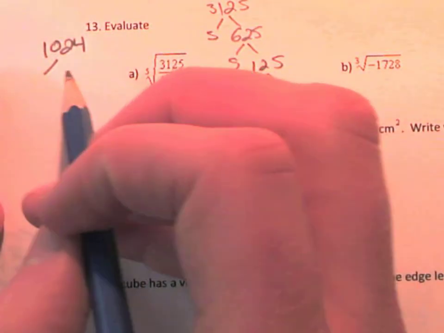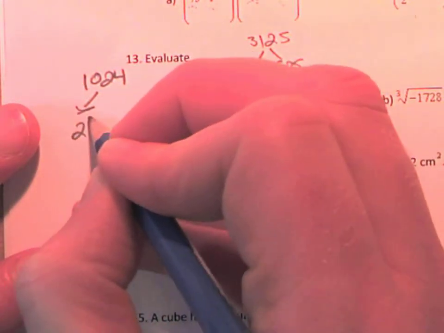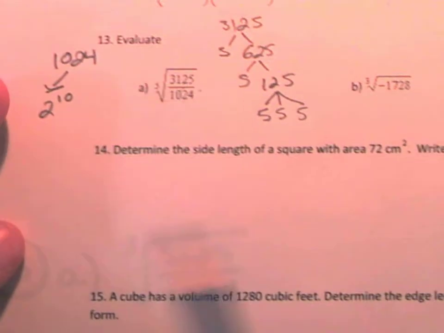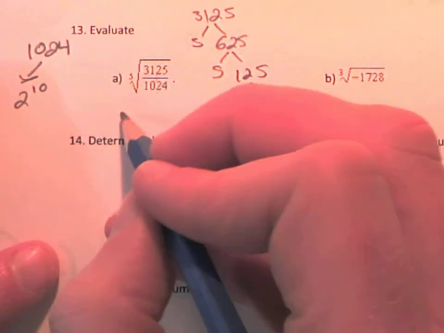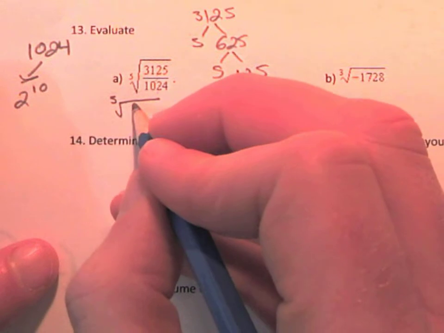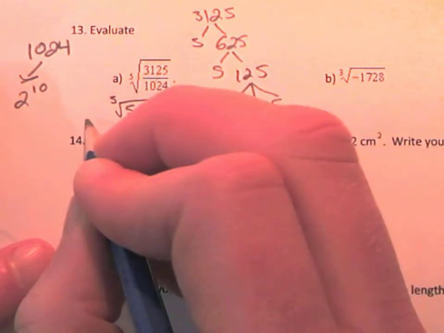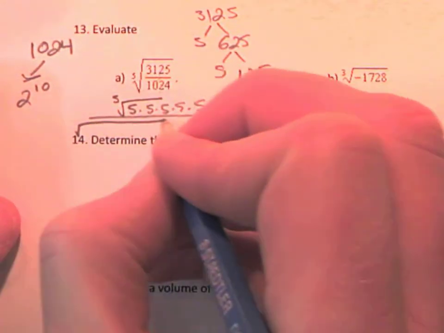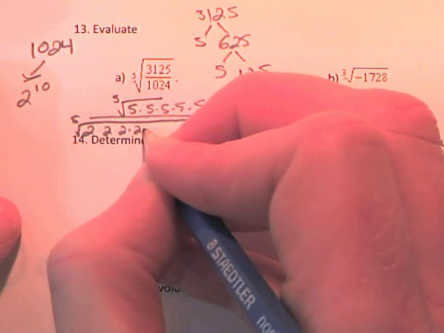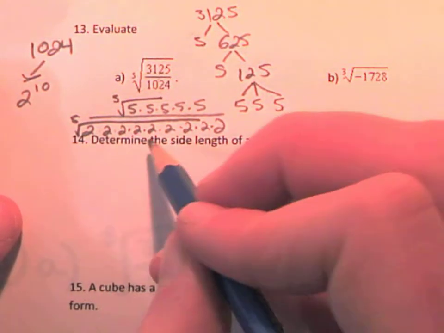Alright, so you could do this. It would take a while. I just know that it's going to end up being 2 to the power 10. Okay. So overall this, if I rewrite it, is the fifth root of 5 times 5 times 5 times 5 times 5 over the fifth root of 2 times 2 times 2 times 2 times 2 times 2 times 2 times 2 times 2 times 2.